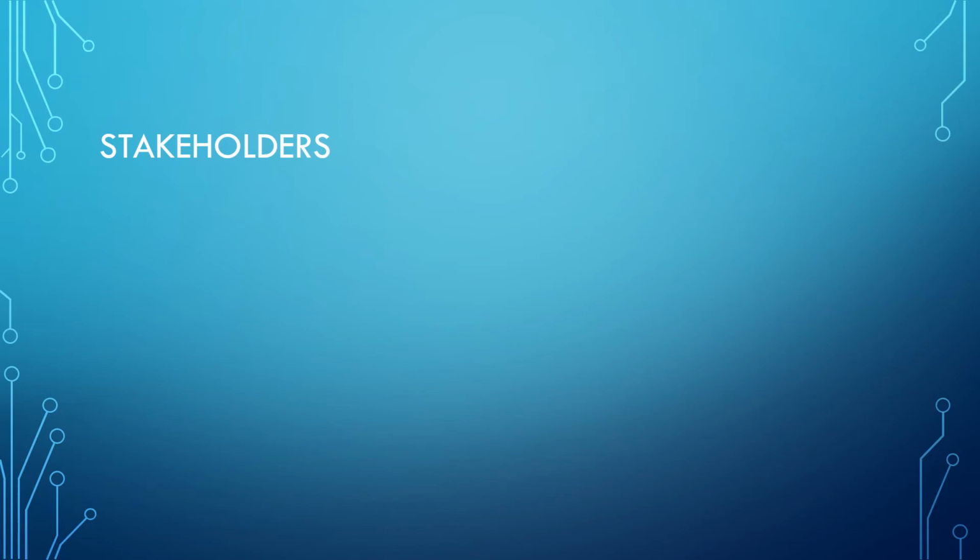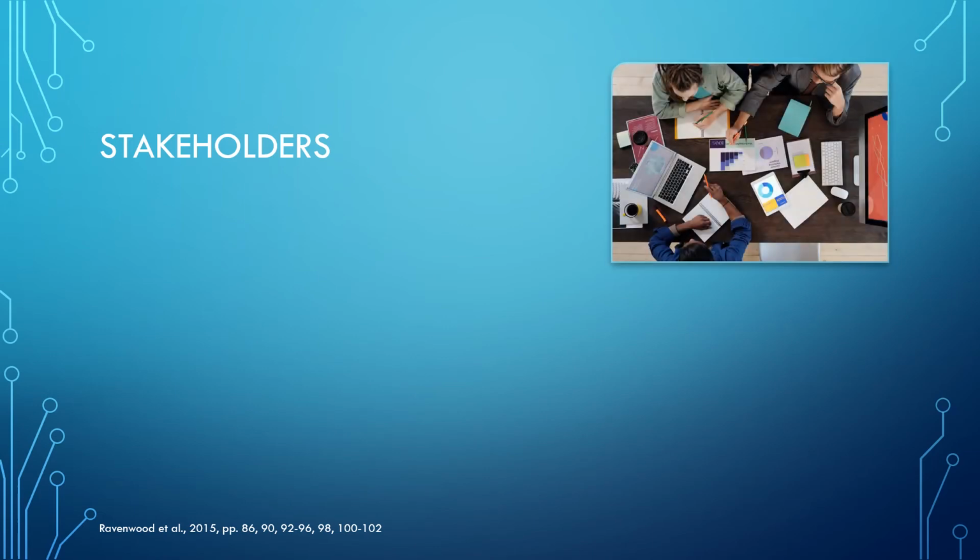Next, I will discuss the various stakeholders in the selection process and their relationships to each other, as noted by Ravenwood et al. Selection is not an isolated process that happens in a vacuum. There are many levels of staff and management that affect the process.